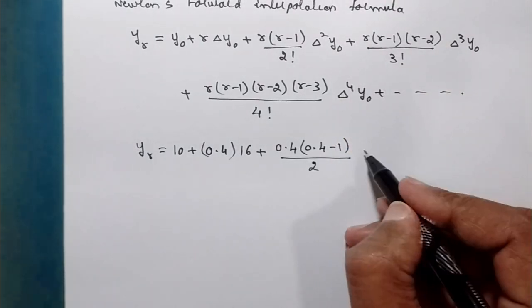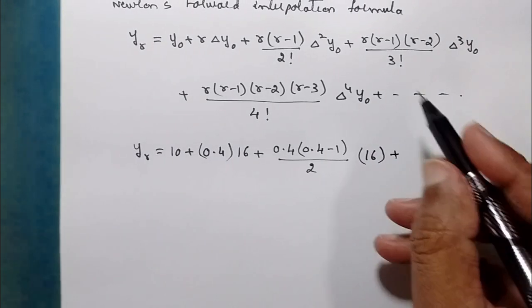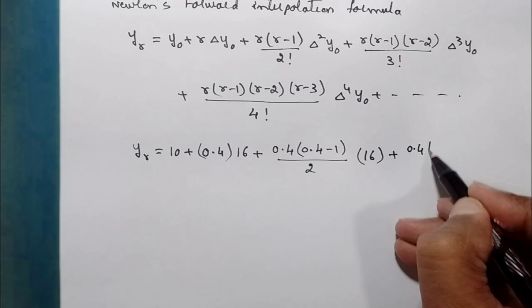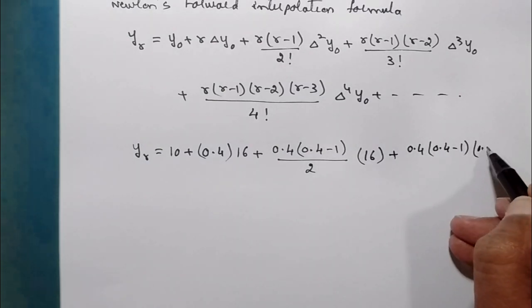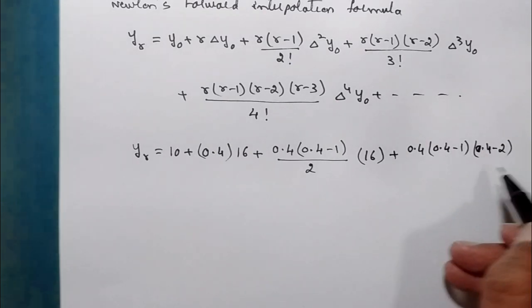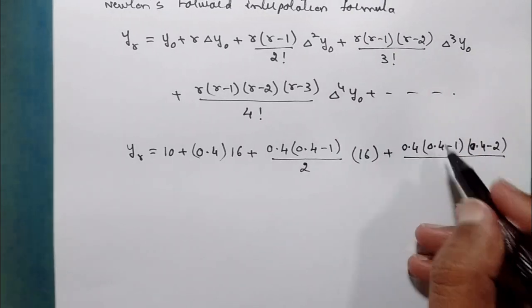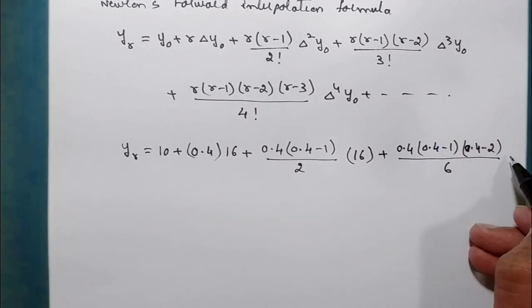See the table. What is the value of delta square y naught? Its value is 16 plus r value is 0.4 into (r minus 1) into (r minus 2), that is 0.4 minus 2, divided by 3 factorial, which is 6, into delta cube y naught. Check the table.